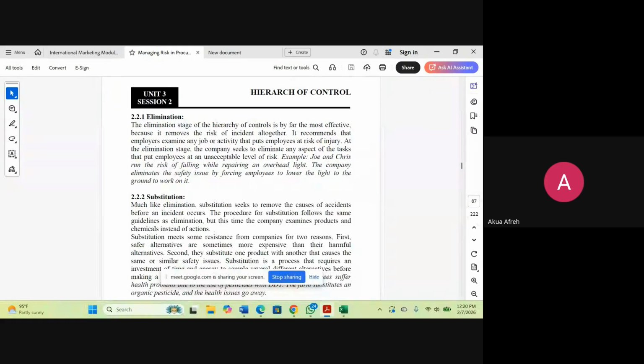If you are using elimination, what you do is take that hazard away, either by fixing it or removing it from the premises, so that the risk event will not happen at all.